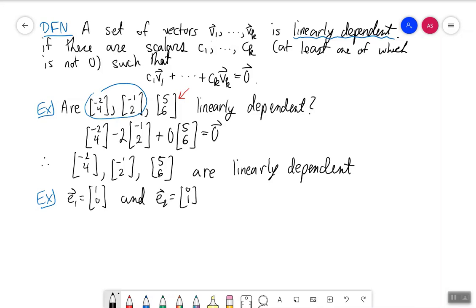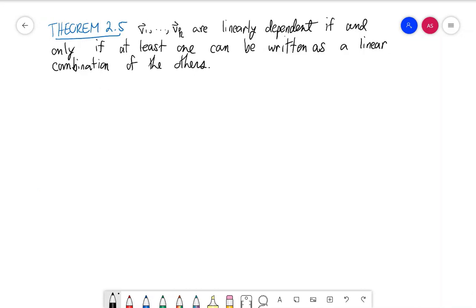Now, I've given the definition here of linearly dependent. However, just because that's the definition we use, that doesn't mean it's necessarily the best way to think about it. And so, to give you the best way, in my opinion, to think about linear dependence, I'm going to give you a theorem! Yay! This is the way that you should really be thinking about linearly dependent.